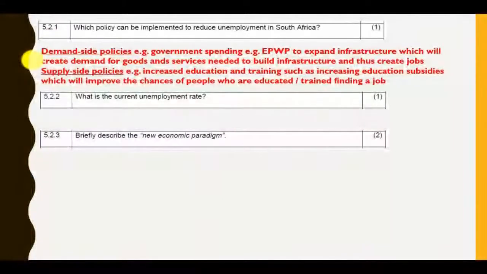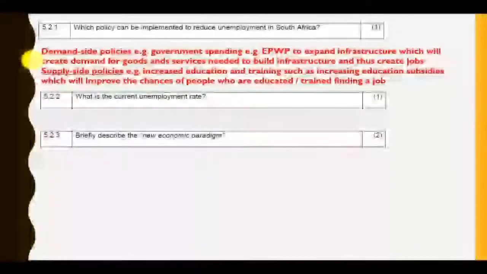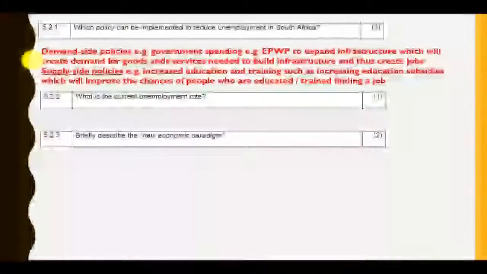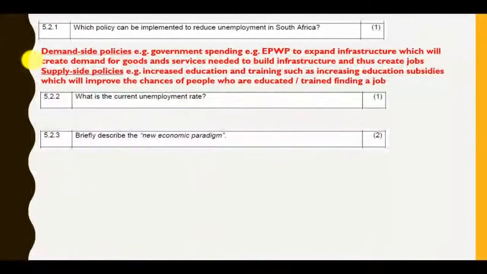So, how can demand side policies reduce unemployment? As we've already mentioned, the government can use fiscal policy, which is government spending. For example, the EPWP. So, what does that stand for? I'm sure you know that is the Expanded Public Works Program. Public works is building of infrastructure.